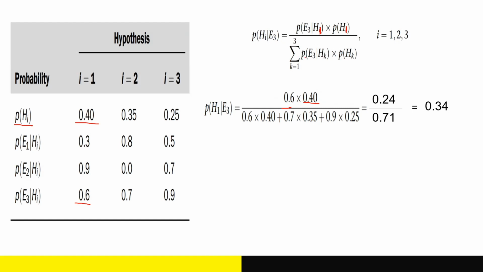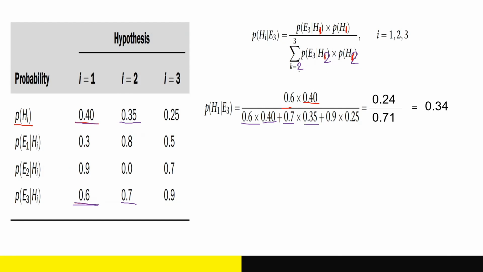And then we sum the three terms over here. Our index k is equal to 1: the probability of evidence 3 given hypothesis 1 is 0.6, multiplied by the probability of hypothesis 1, 0.40, plus, with k now equal to 2, the probability of evidence 3 given hypothesis 2, which is 0.7, multiplied by the probability of hypothesis 2, 0.35.